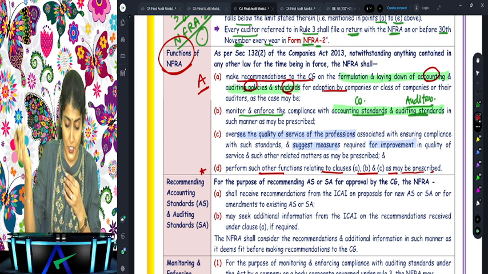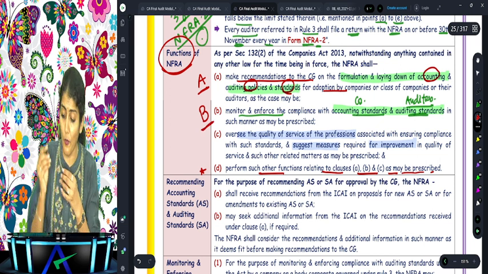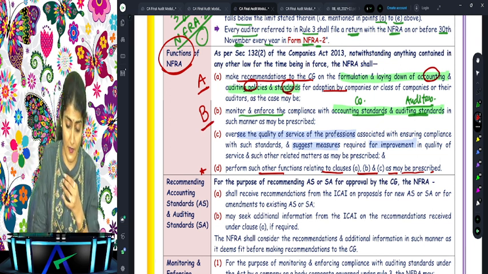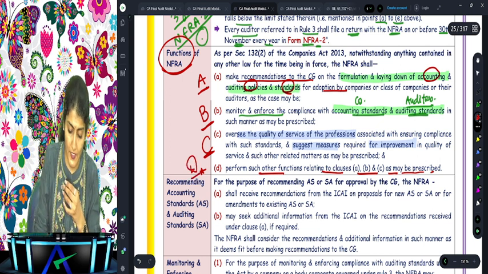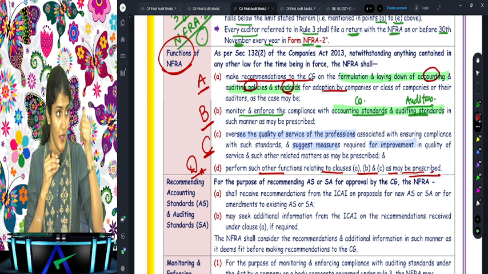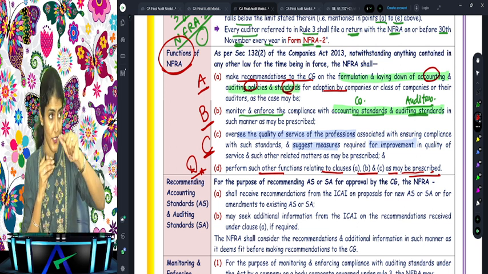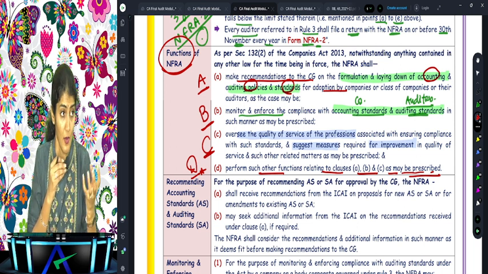So what are the functions of the NFRA? Make recommendations to CG, then monitor and enforce compliance with the accounting standards and the auditing standards, then oversee the quality of the services and perform such other functions as may be prescribed. Are you all with me? Make recommendations to CG for accounting and auditing standards. Then next, monitor and enforce.